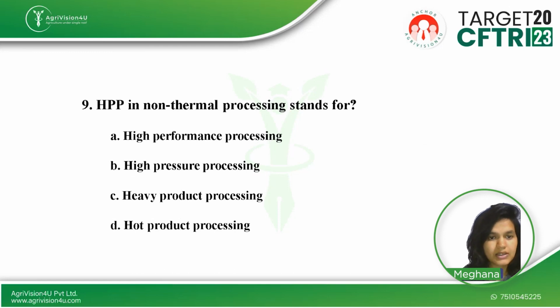Then comes the ninth one. HPP in non-thermal processing stands for: option A is high performance processing, option B is high pressure processing, option C is heavy product processing, and option D is hot product processing. The right option is option B, that is high pressure processing.